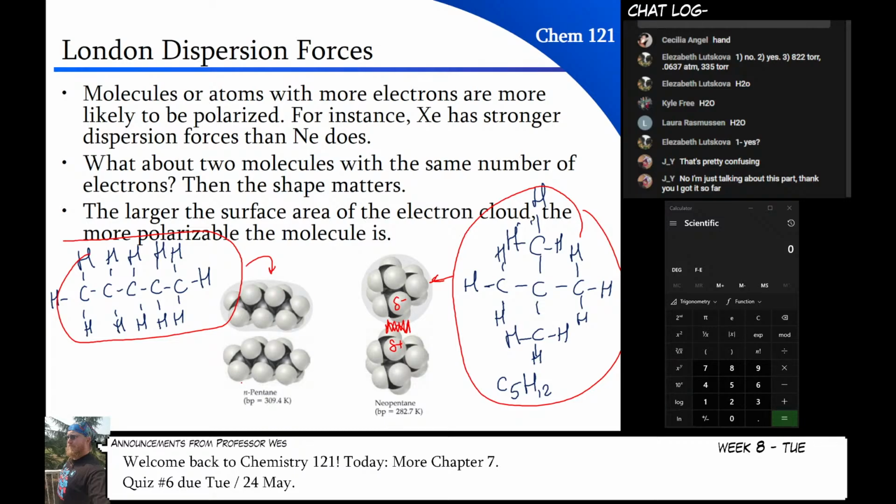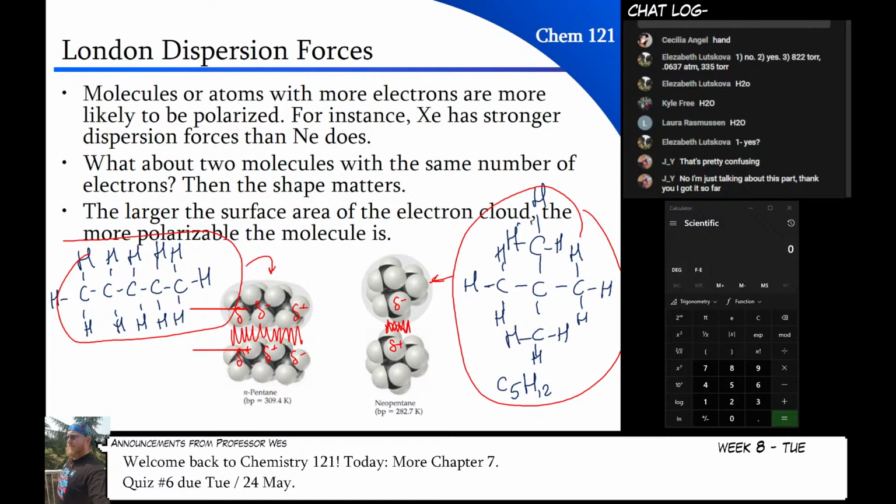For N-pentane over here, I have a lot more space for these molecules to interact. We can form several interactions because there's space to do it. You get the idea.